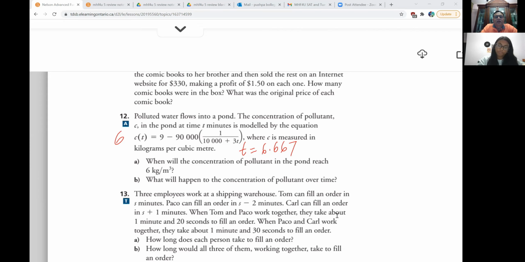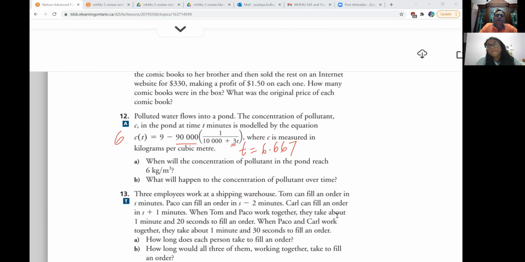So ultimately, if T is very large, in that case, what will happen to this 90,000 divided by 10,000 plus 3t term? If t is very large, then the number will get smaller because it's 1 over a large number, right? 1 over a very large number, correct.